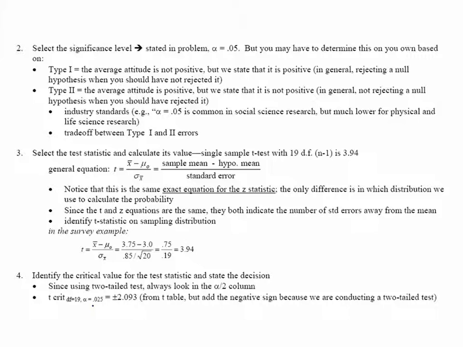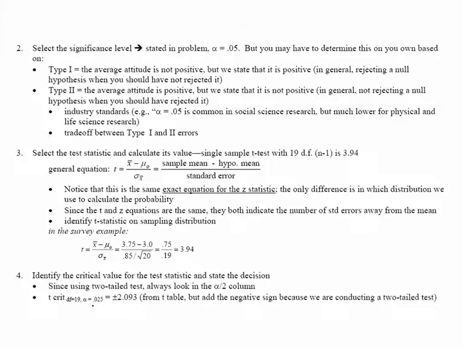Step 3, we actually test this hypothesis. So we select the test statistic and calculate its value. In a single sample t-test, this is not extremely difficult because all we're really doing is asking the question, is this sample mean something different than the hypothesized mean? So the t-value, or the number of standard errors that we are away from the mean, is equal to the sample mean minus the hypothesized mean divided by the standard error.